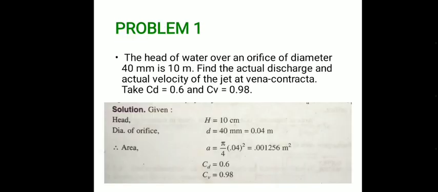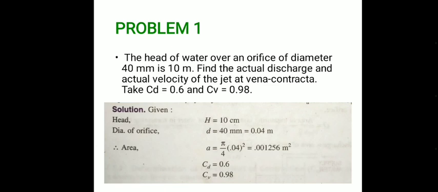Let's move on to the first problem. The head of water over an orifice of diameter 40 mm is 10 meters. Find the actual discharge and the actual velocity of the jet at vena contracta. Take CD, coefficient of discharge, as 0.6 and CV, coefficient of velocity, as 0.98.